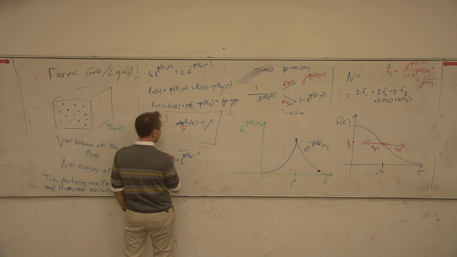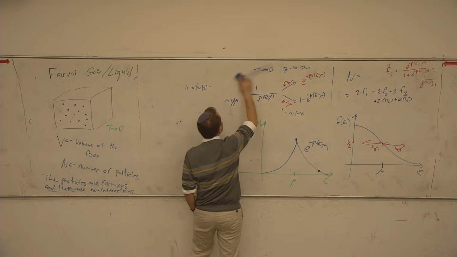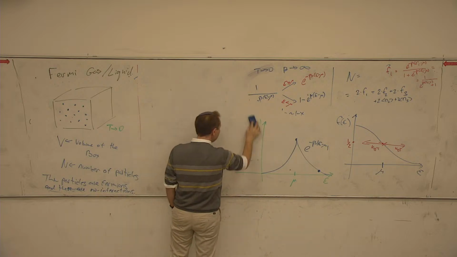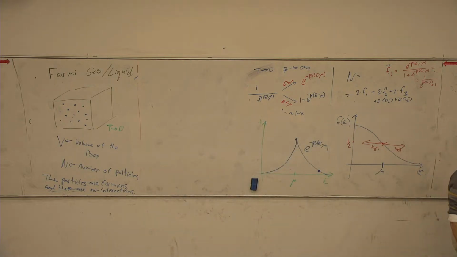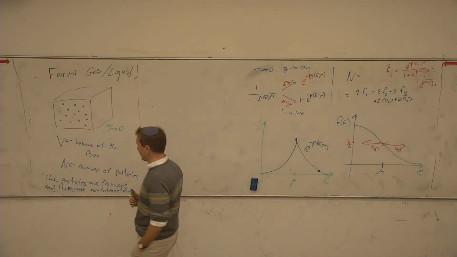First of all, I have particles. Particles are free. They are fermions. So I have to treat them quantum mechanically. Okay. Now we all know how to solve, I hope you all know how to solve, the Schrödinger equation, right?